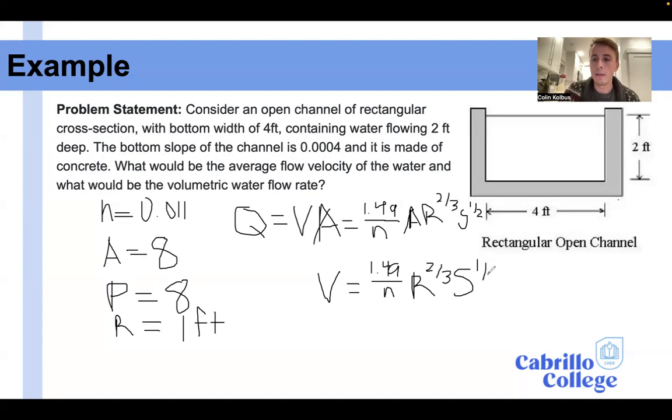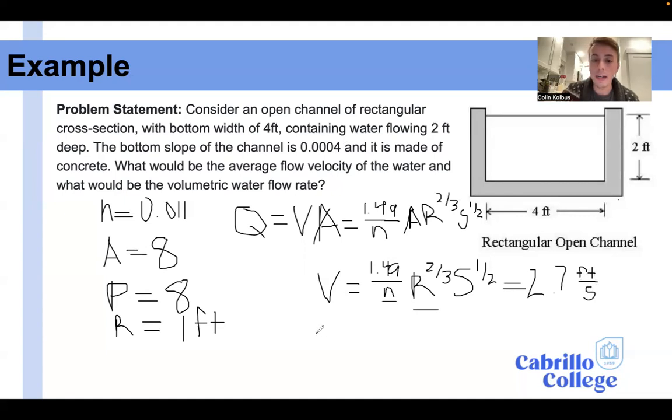And so this question wants me to have both. So if I input 0.011 over here and a hydraulic radius of 1 and my slope of 0.004, raise those to the 2/3 and 1/2 power, I get a velocity of 2.7 feet per second.